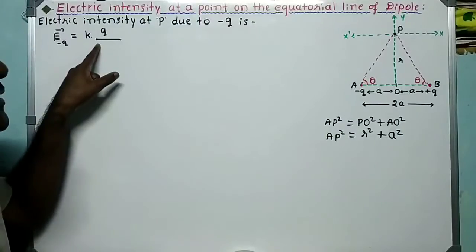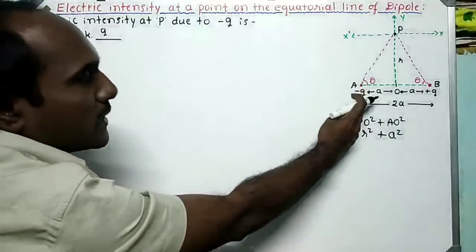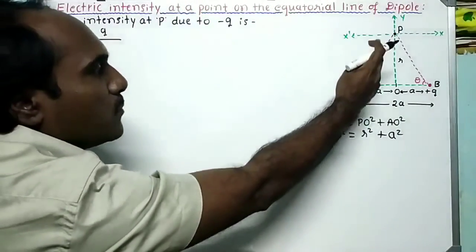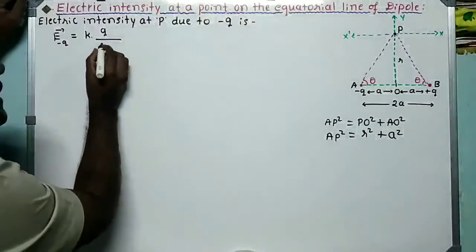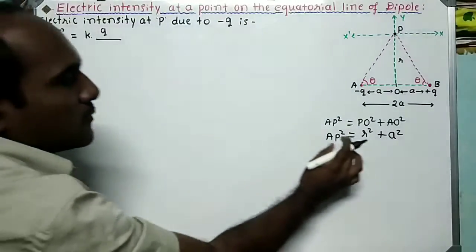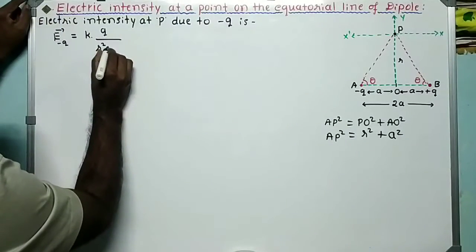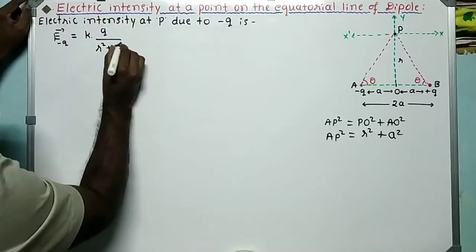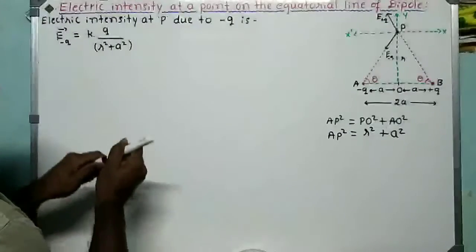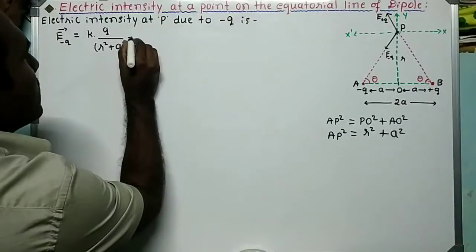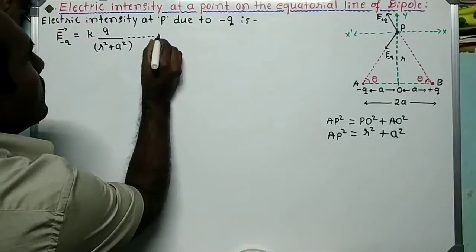Here the distance of point P from the negative charge minus Q is AP, and AP square value is R square plus A square. Call it equation 1.